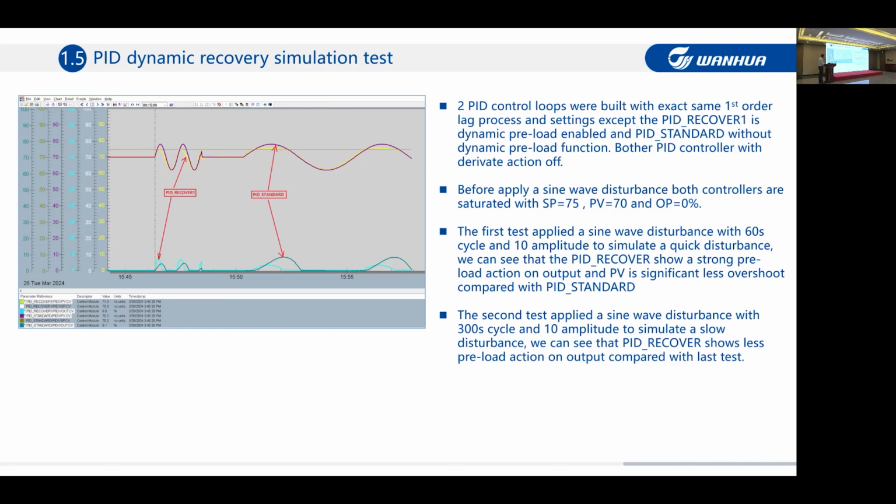In the second test we did, we changed the disturbance cycle time from 60 seconds to 300 seconds, to simulate a gradually changing disturbance. You can see the periodic action is quite reduced.